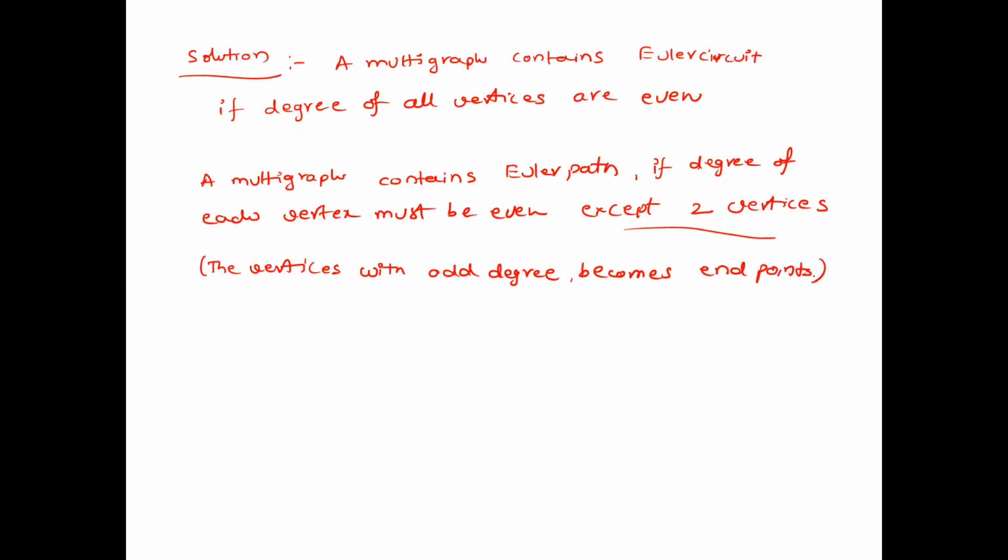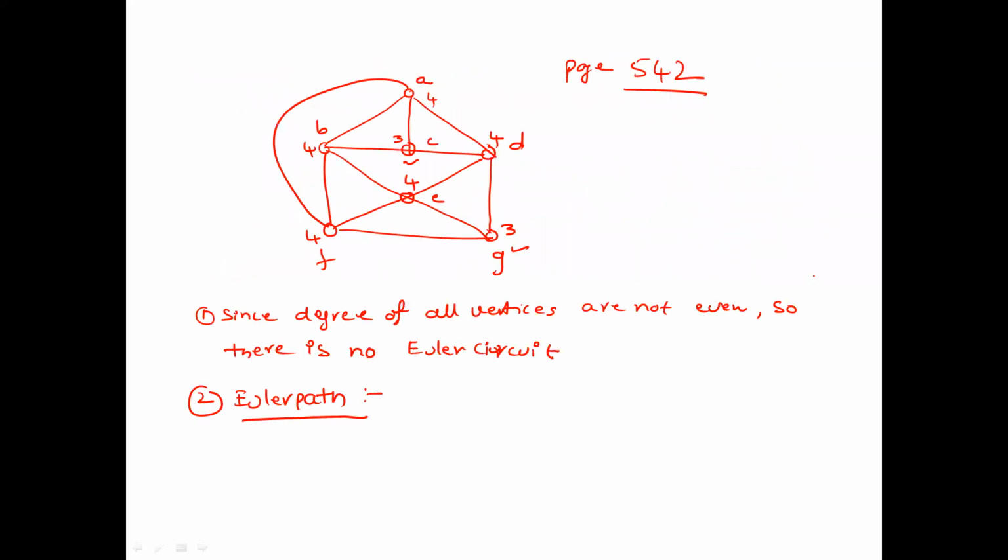Now tell me, what is that Euler path? It exists, right? Now you have to tell me the path. You have to start either from C or from G, cover each edge exactly once and reach the other. If you start with C, you may end with G.